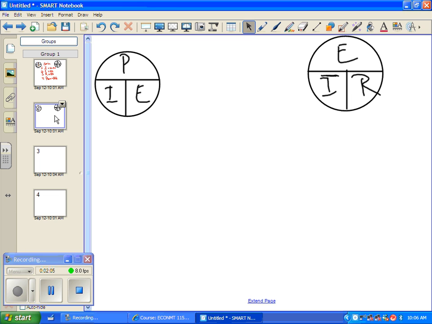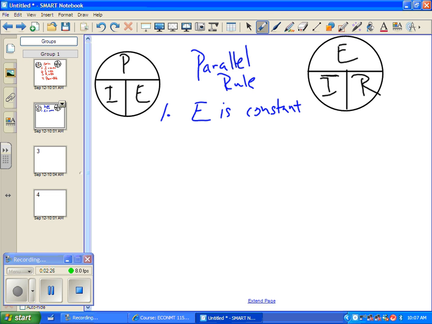So now we're going to do the flip side of the card. On the back of the card, you're going to write the parallel rules. And the first and most important rule of parallel is, what is constant? Voltage is constant. If you have a supply of 25 volts, you'll have 25 volts across every branch of the parallel circuit.